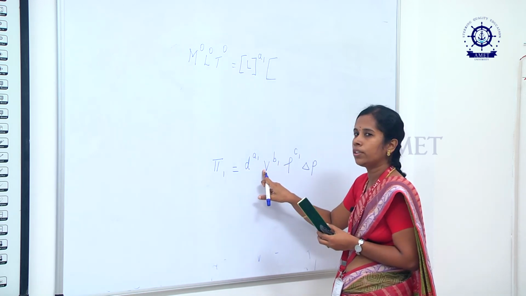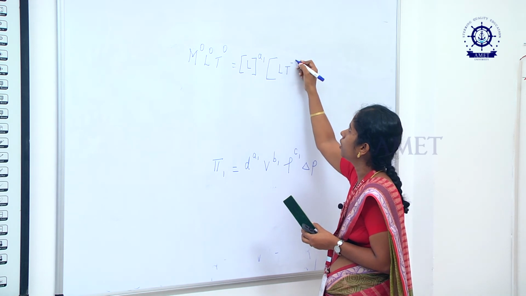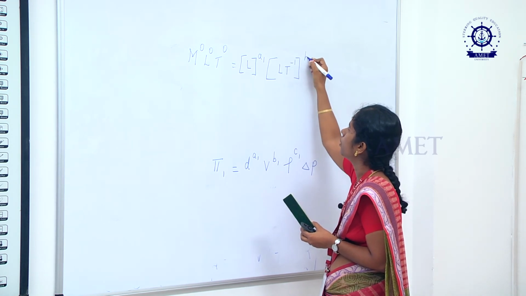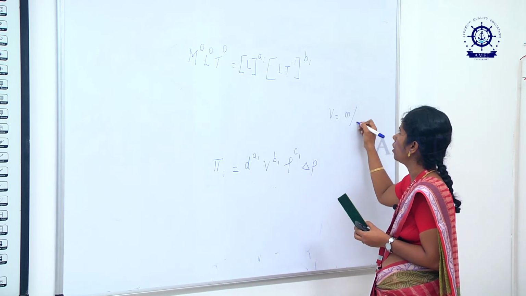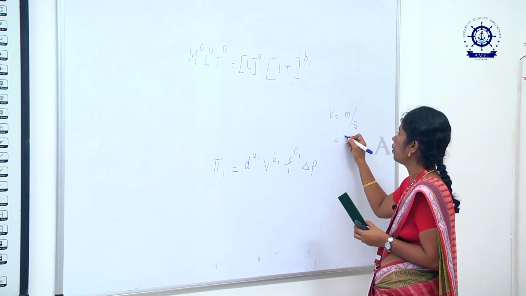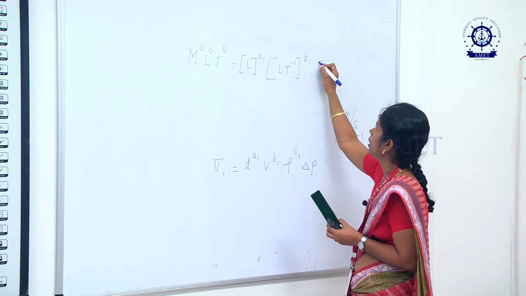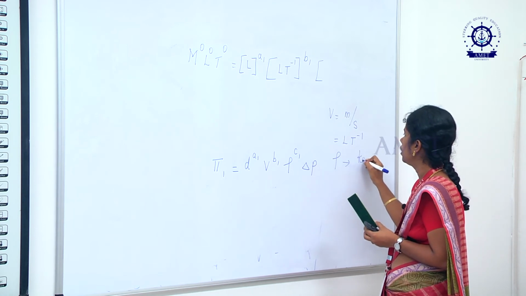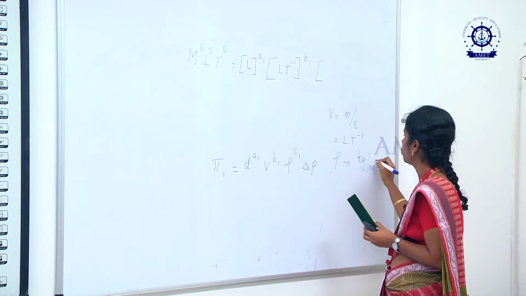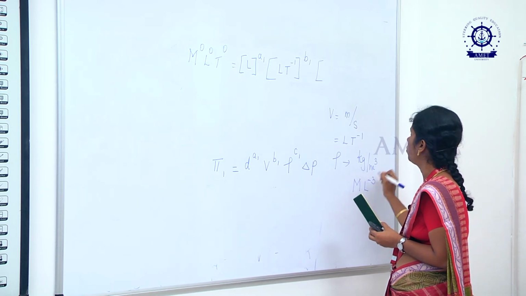V is nothing but the velocity, velocity will be LT power minus 1, power B1, because the velocity unit will be meter per second. Density, already we have seen, the unit for density is kg per meter cube. So, the dimension will be M L power minus 3.